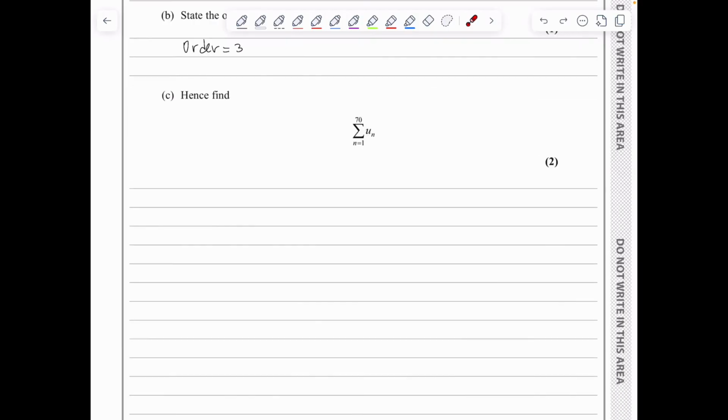In part c, we're asked to evaluate the sum of the first 70 terms here. So if we just write out the first terms here, we see that the sum from n equals 1 up to 70 of u n is u1 plus u2 plus u3 up to u69 and then u70. Now we see that from u1 up to u69, we are looking at 23 full periods of 3 terms. We've got this repetition, we said, of every 3 terms.